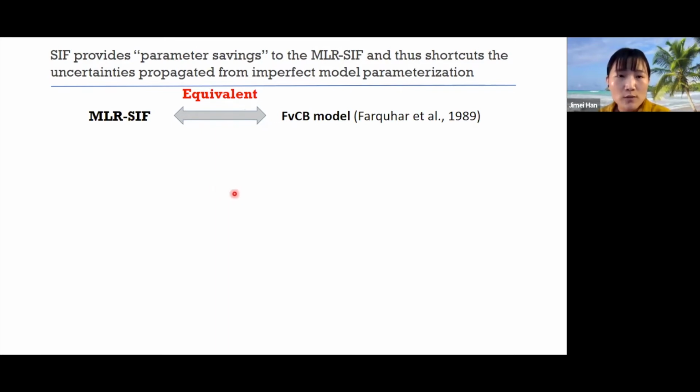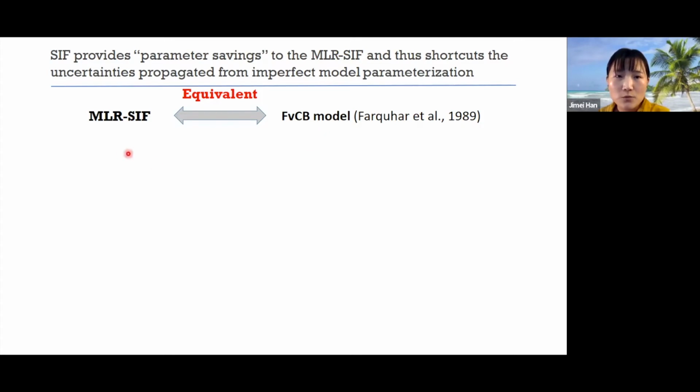Before showing the results, I'd like to stress one point: our model and the traditionally used FVCB biochemical model of photosynthesis at the leaf scale are equivalent. The equivalence lies in the balance between light and carbon reactions.